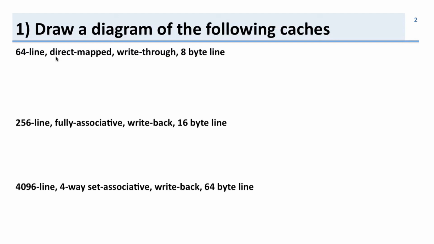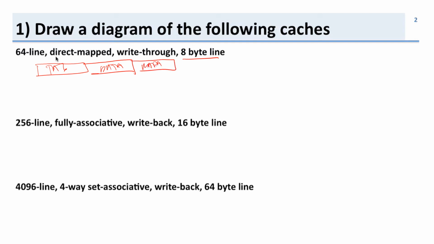So the diagram of a cache is composed of a tag and of course data. But since this is an 8-byte line, and normally a 32-bit word is 4 bytes, it holds 2 blocks of data.